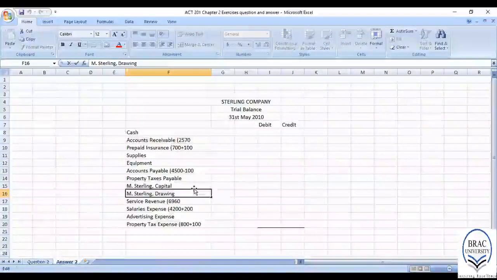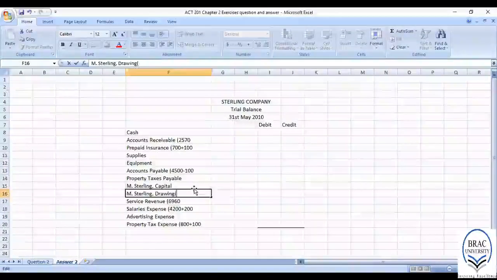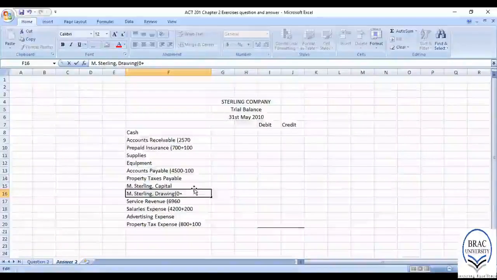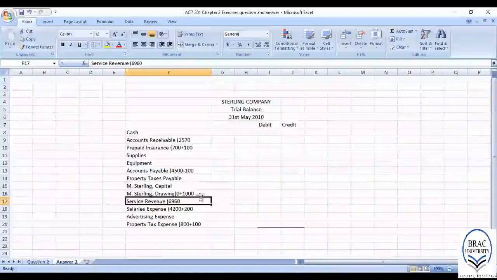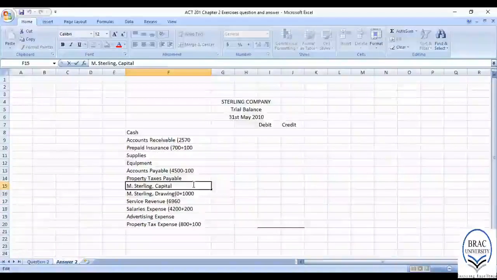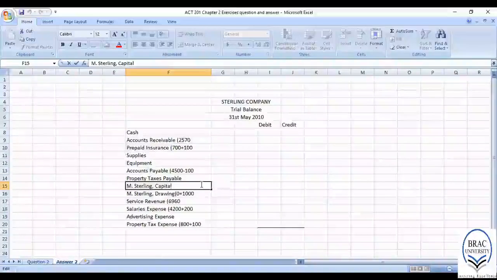As we didn't have any amount in our drawing account, we can put 0 over here and then add $1,000 to that. M Sterling Capital will have $1,000 added. M Sterling Capital had an $11,700 balance in the account. Now we have to add another $1,000.